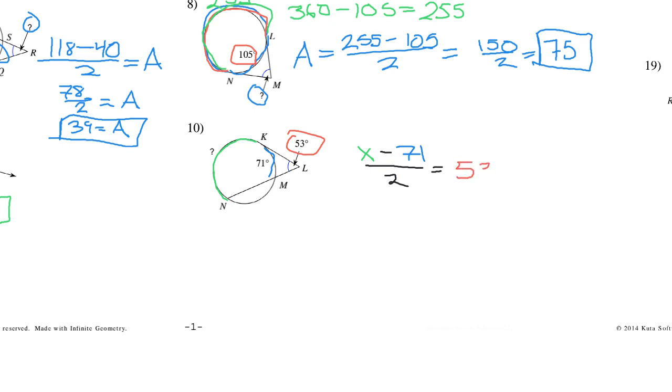Okay, now I'm going to drop the color coding because it's going to become a pain in a second. So let's multiply both sides by 2. And that should give us 106 over on the right side, and if we cancel these out, x minus 71. Now if we add 71 to both sides, we should see x equals 177. So there's our big arc, and we're done.